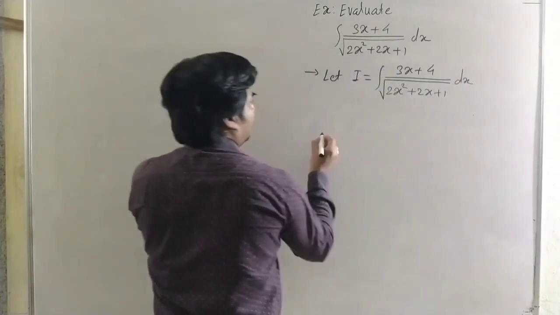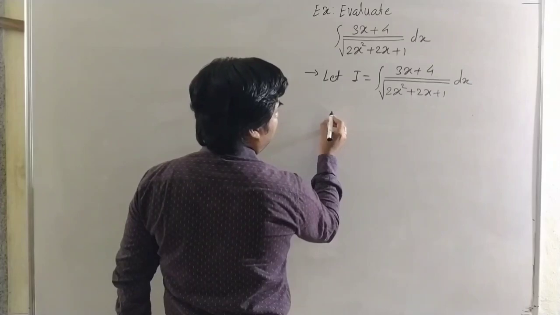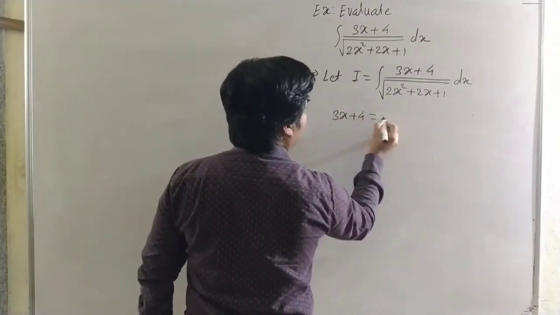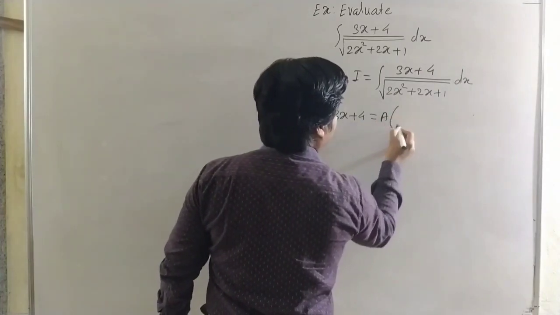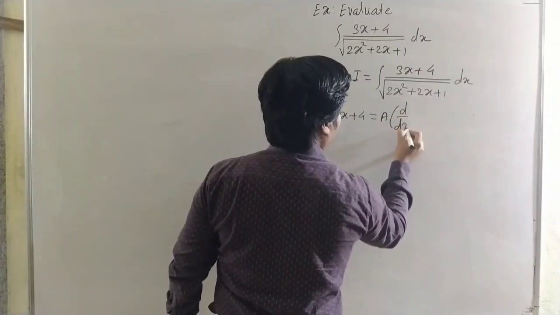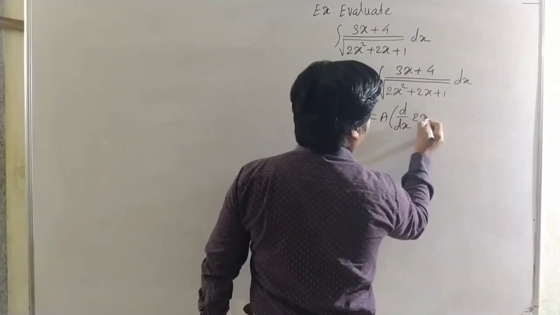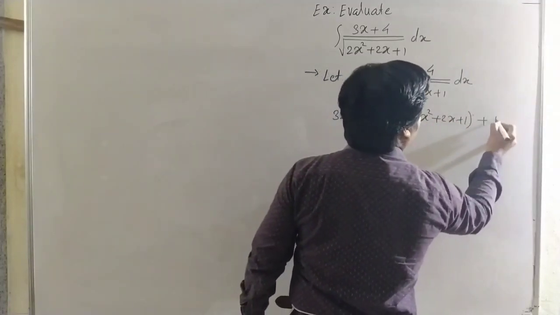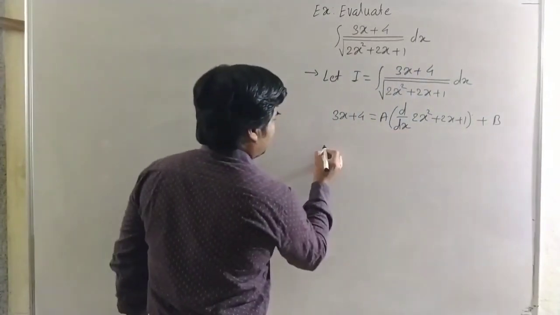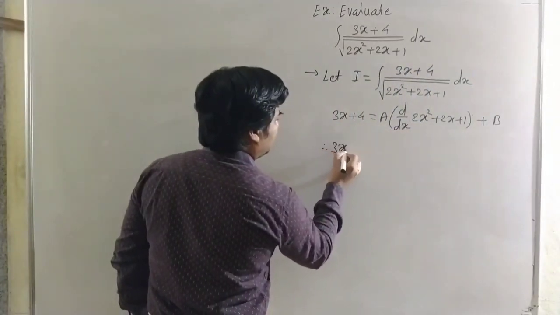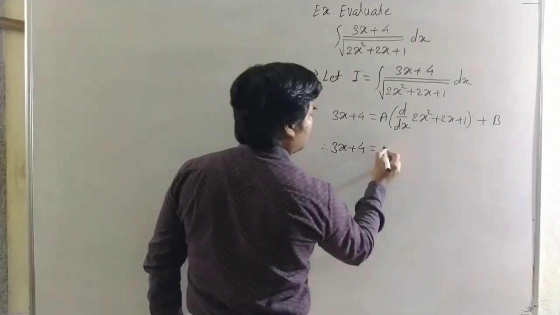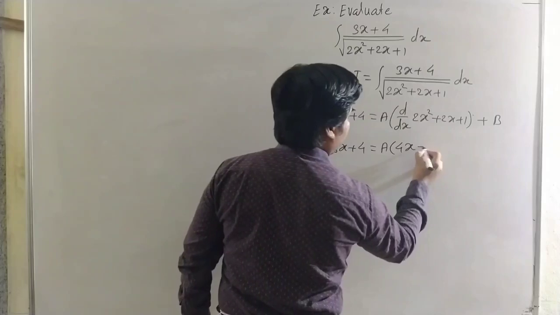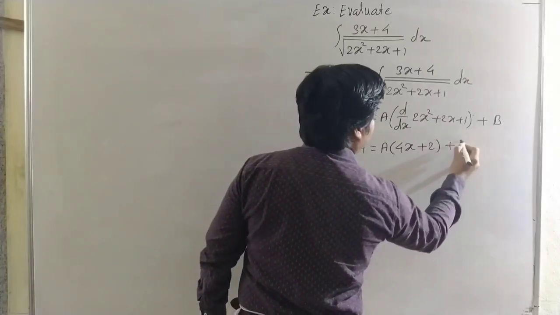Now the method: it is a linear function. 3x plus 4 is equal to A into the derivative of the quadratic function, that is 2x square plus 2x plus 1, plus B. Therefore this can be written as 3x plus 4 is equal to A into 4x plus 2, the derivative of 2x square plus 2x plus 1, plus B.